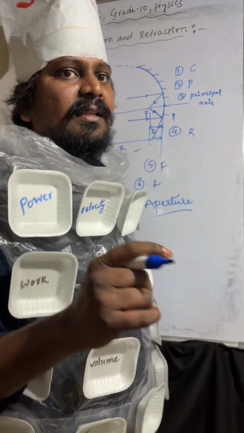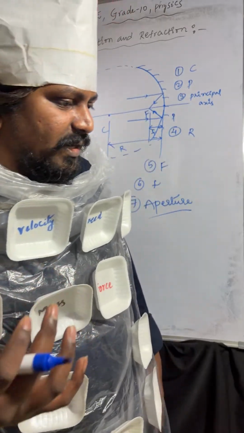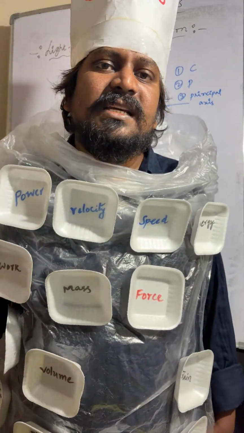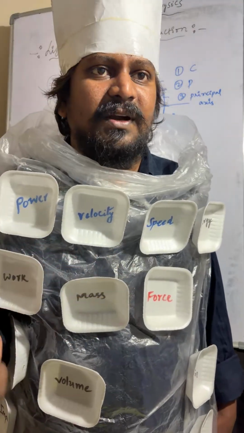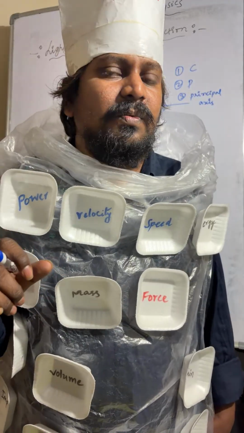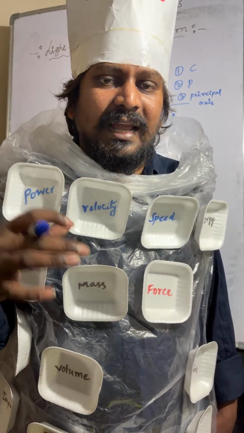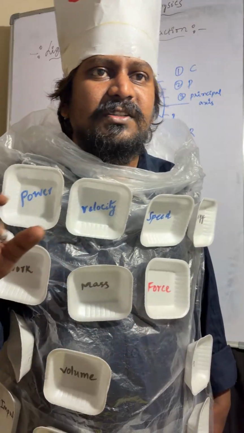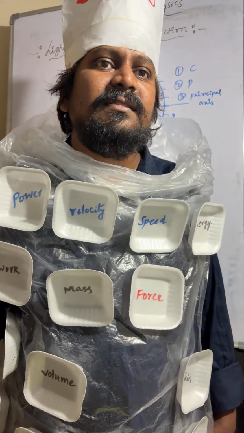Point number one, the center of the imaginary sphere of which the mirror is a part is called the center of curvature, and the midpoint of the mirror is called the pole. The line joining the center of curvature and pole is called the principal axis.